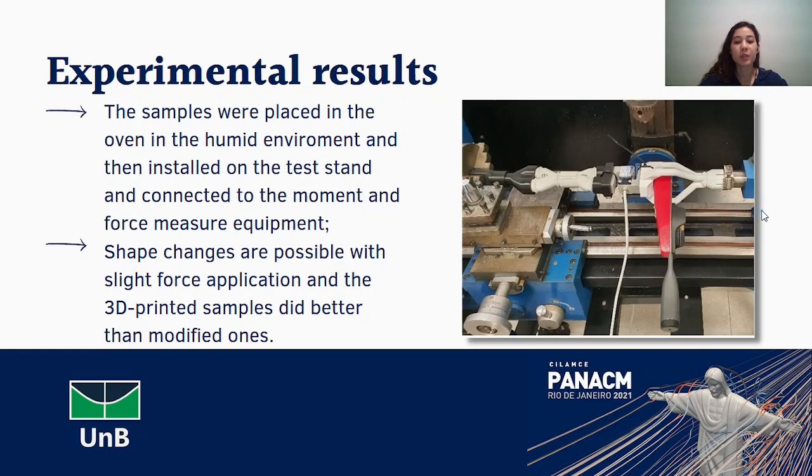As concerns the experimental results, the samples were placed in the oven in a humid environment and then installed on the test stand and connected to the moment and force measurement equipment. We observed that shape changes are possible with slight force application, and the 3D printed sample did better than the modified ones.